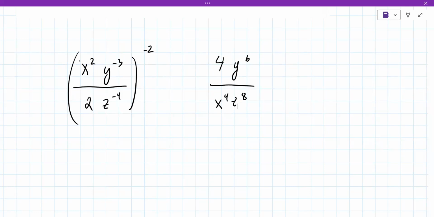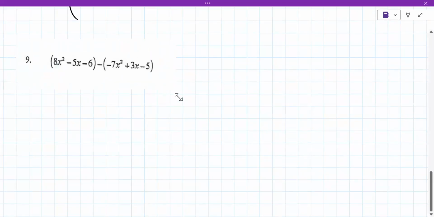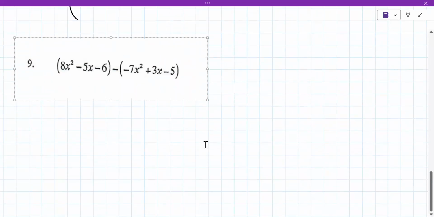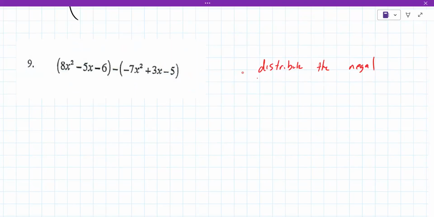So let's look at another type of problem that you will see. This is number 9 from your review. This is an easy problem for them to put on the test because it lends itself well to multiple choice. You have to remember to distribute the negative, or the subtraction.